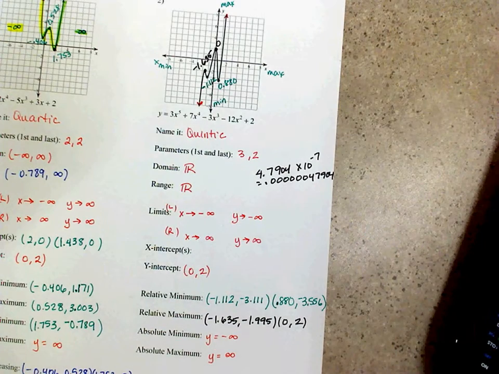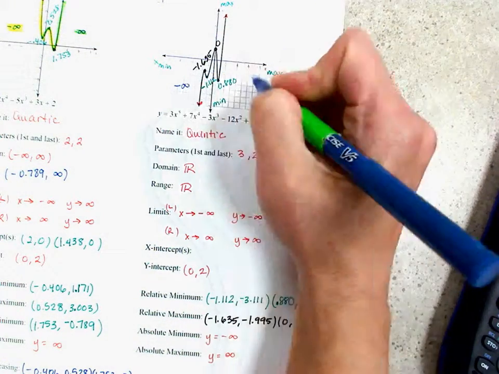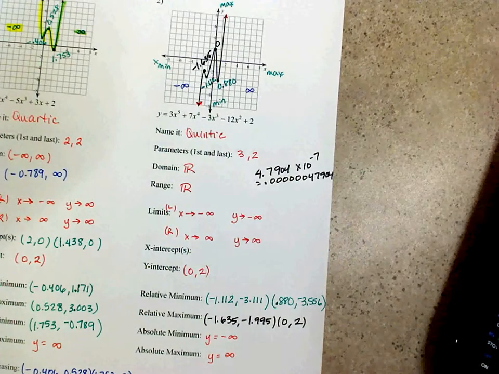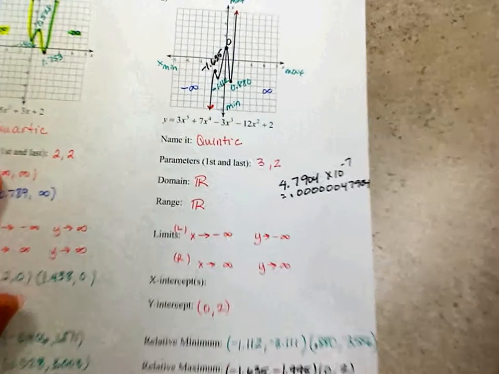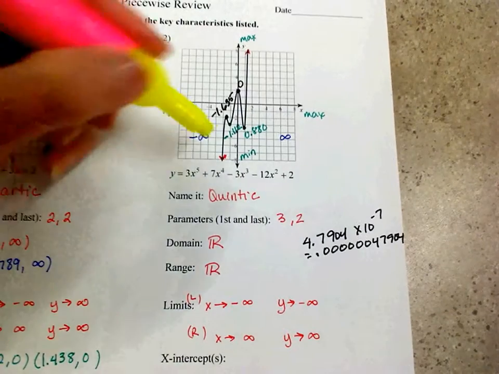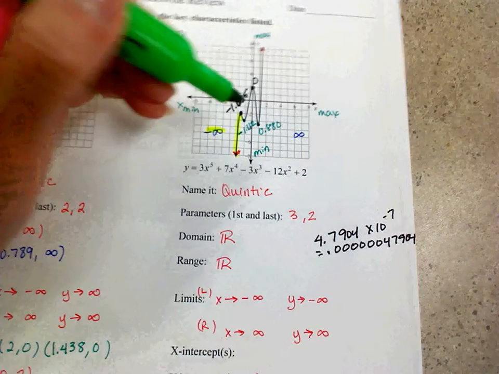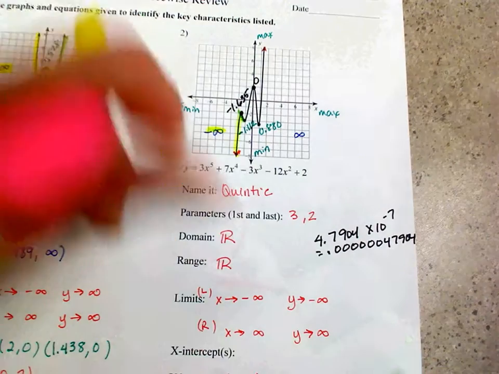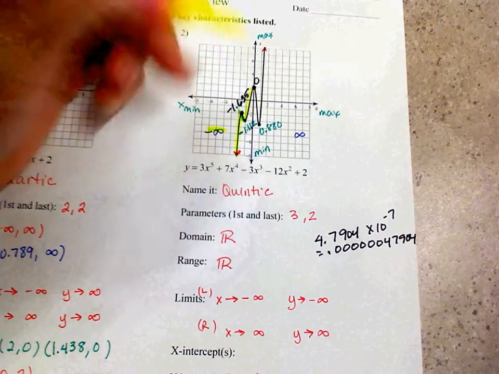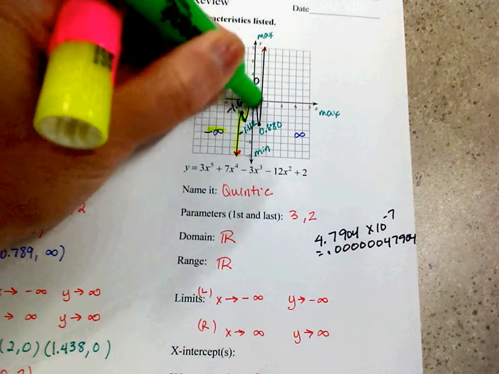Remember, you start at negative infinity, end on positive infinity. All right? Here we go. Starting at negative, I am increasing, decreasing, increasing, decreasing, increasing.